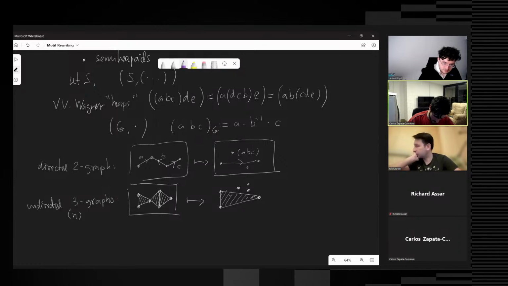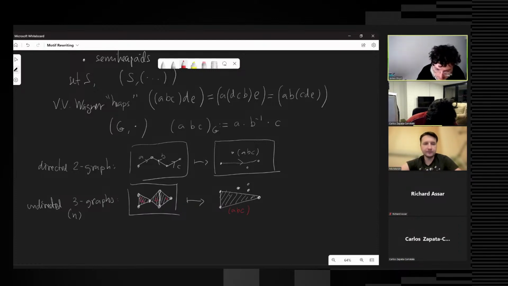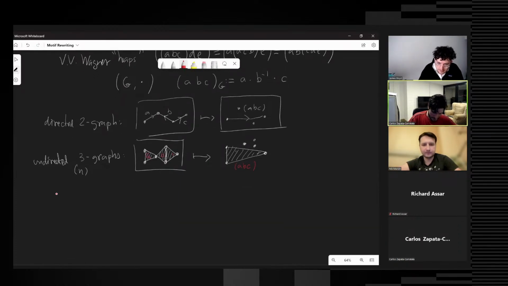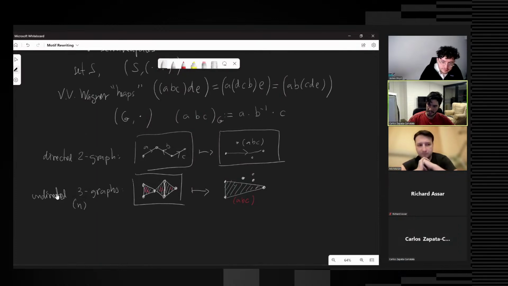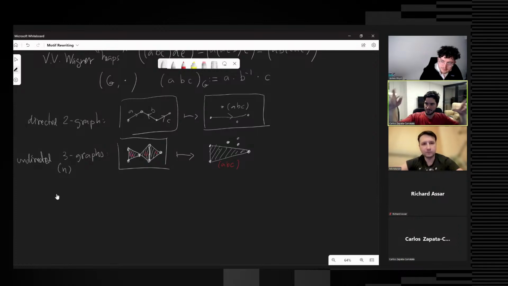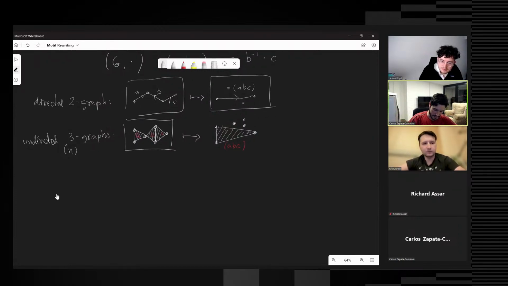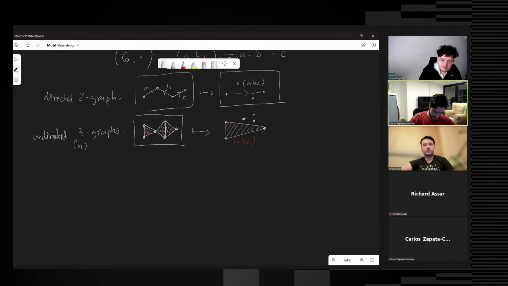So if you call this A, B, C, basically the idea is if you want to write this kind of expression A, B, C, D, E, you're going to have to attach 5 triangles.